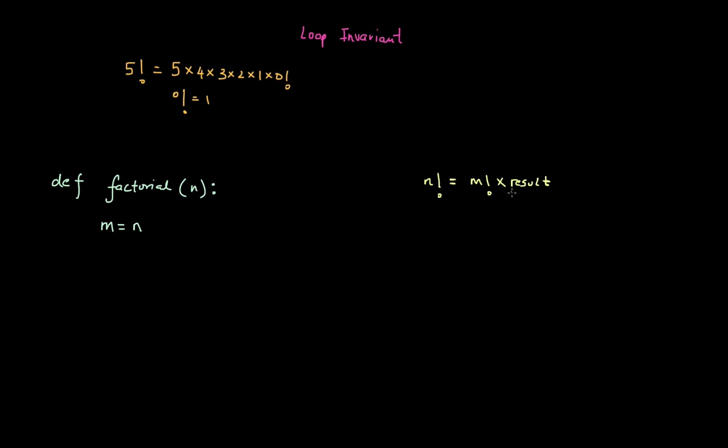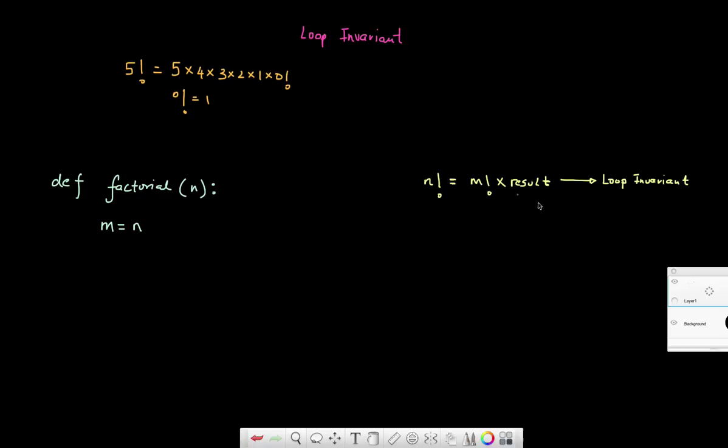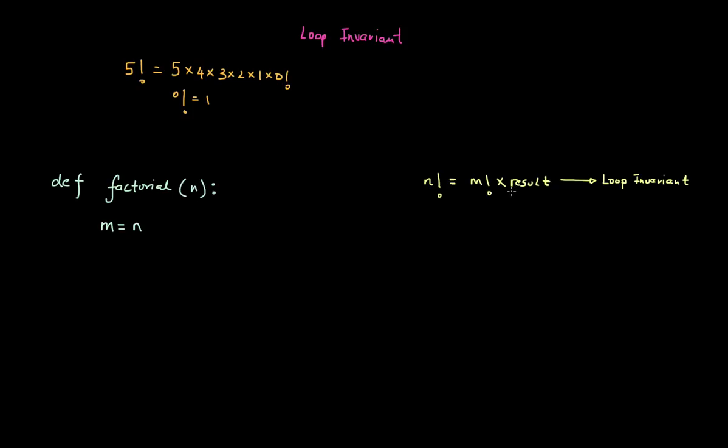This variable result in my loop invariant, this entire thing over here, is my loop invariant. What I'm saying here is that result is going to contain the actual value of n factorial after this method terminates.